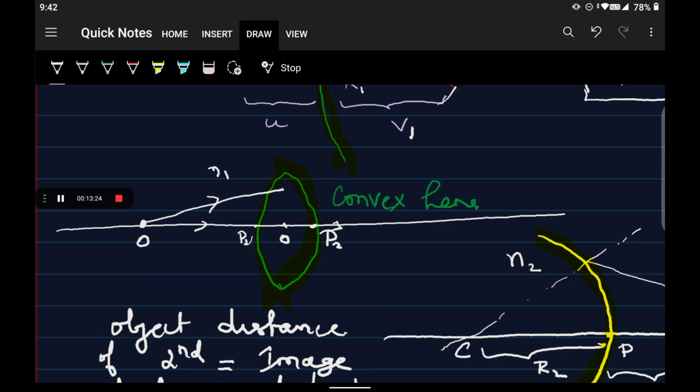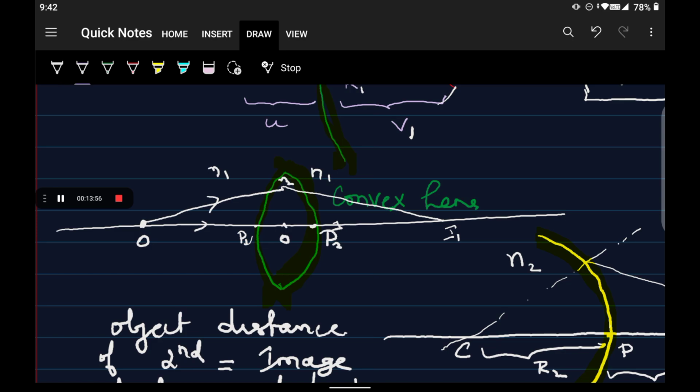So this is your N1, this is your N2 and this is your N1. When light passes from a rarer medium to a denser medium, it bends towards the normal. So for the first refracting surface, let the image be formed here. This may be I1. You have used the other refracting surface to make the convex lens.